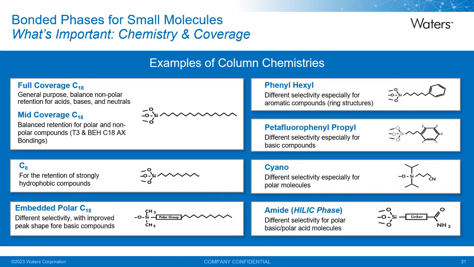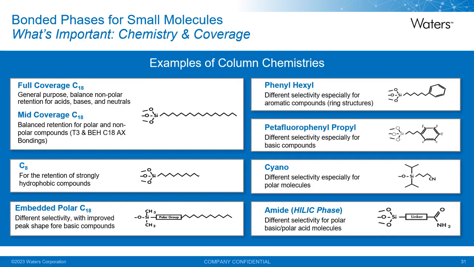C18 is by far the most popular reverse phase bonded chemistry, but you can even tweak that a little bit. With C18 bondings, you can control the coverage to promote specific attributes. For example, a full coverage C18 is good as a general purpose column, while a mid coverage, as we use with our T3, is good to promote polar analyte retention.